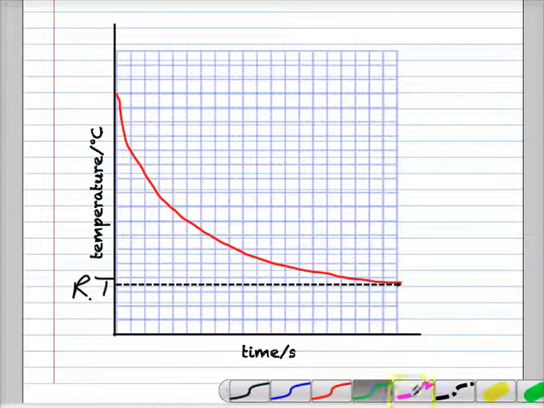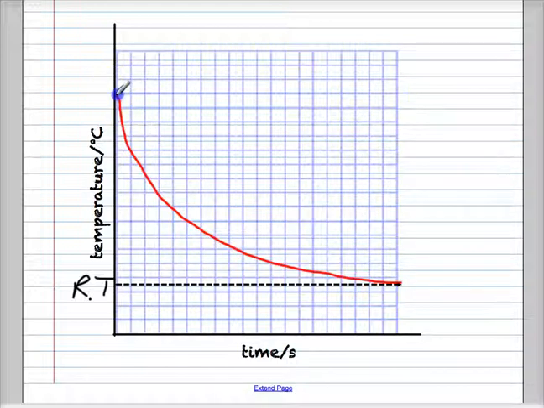But if we repeat the experiment with wax, wax behaves differently, because as wax cools down from a liquid, it solidifies, and at room temperature it's a solid. So we see a different cooling curve. Initially the wax cools down, but at some temperature it appears to slow down.